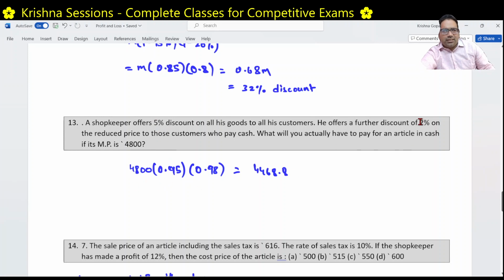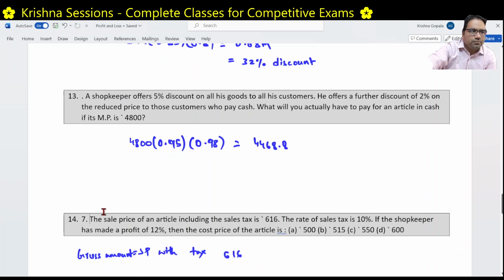Now, if you are paying by cash, then another 2% discount. That means 1 minus 0.02, that is 0.98, into whatever is the price after the 5% discount, right? So the net price will become 4800 into 0.95 into 0.98. This becomes 4468.8. You'll have to pay this if you pay by cash. Otherwise, if you are not paying by cash, then your price will be 4800 into 0.95.